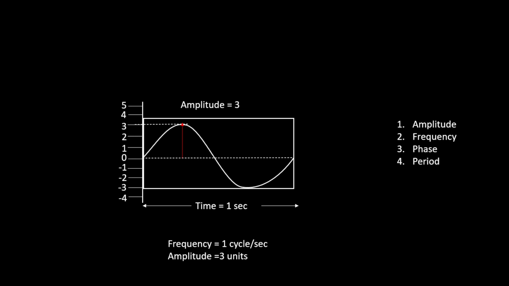Now the last term is period. Period is the time it takes for one complete cycle of a wave to occur. It measures the duration or the time interval of the wave to repeat itself. In this case, the period is 1 second, and there is a relationship between frequency and period. Frequency is equal to 1 upon period.